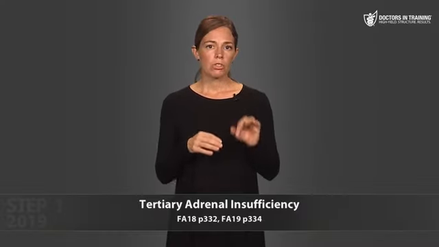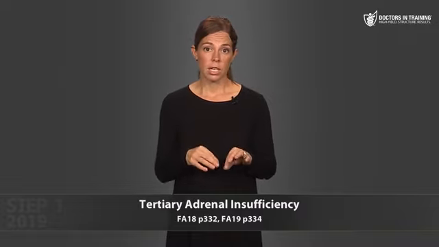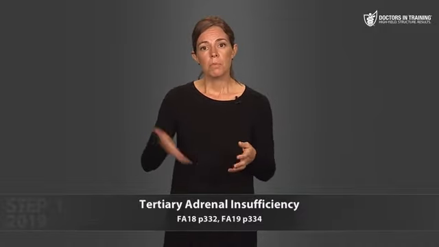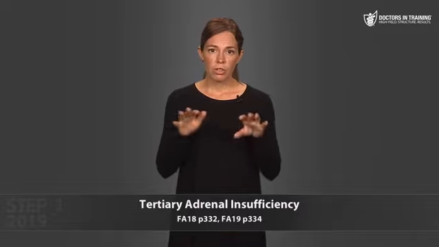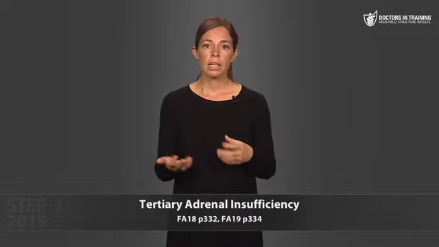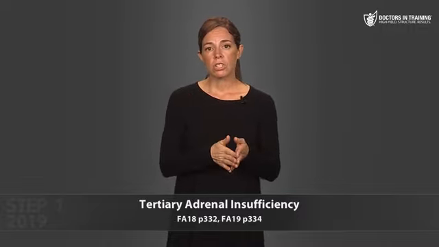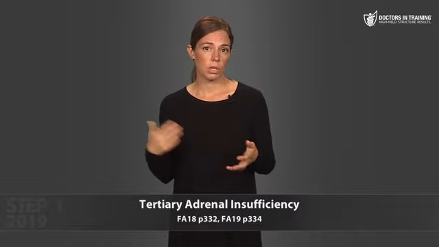And then we need to talk about tertiary adrenal insufficiency, which is a very common cause of adrenal insufficiency. And this is interrupted CRH production from the hypothalamus, most commonly caused by abrupt withdrawal of long-term corticosteroids. So if you give exogenous steroids chronically, this suppresses the body's normal HPA axis. And if the patient is going to stop taking them, they have to be gradually tapered to give the axis a chance to recover.